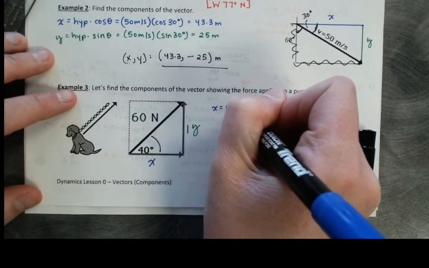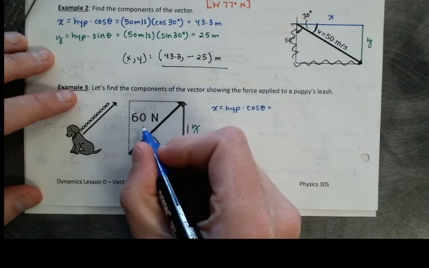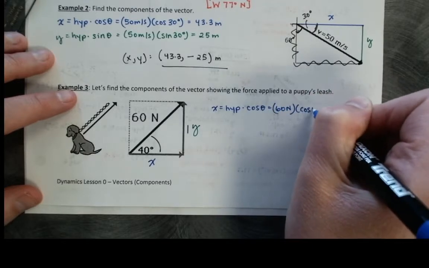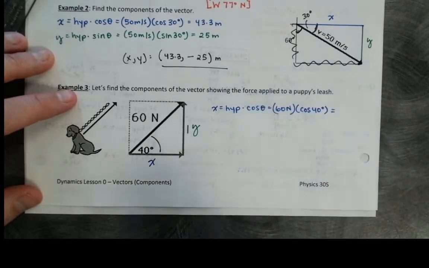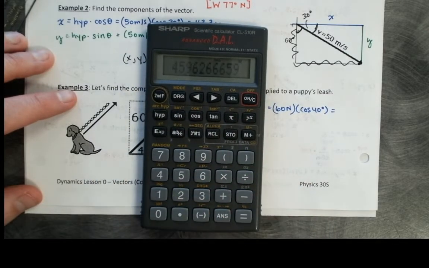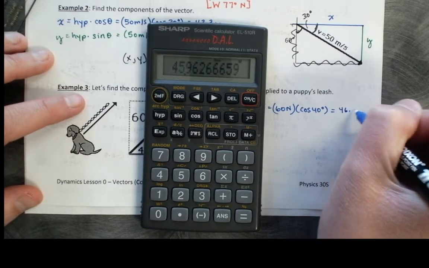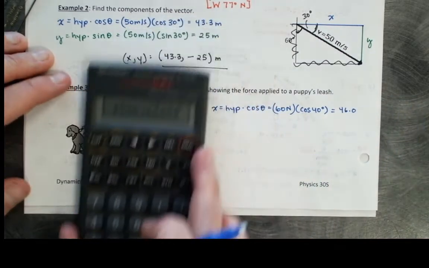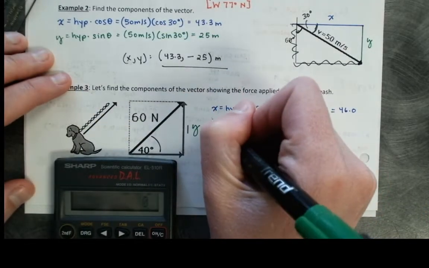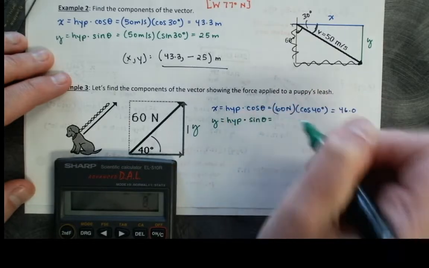X is our hypotenuse times cos of theta. Our hypotenuse in this case is 60 times cosine of 40 degrees. 60 times cos 40 gives us, well, 46.0. For our y, it is hypotenuse times sine of theta.